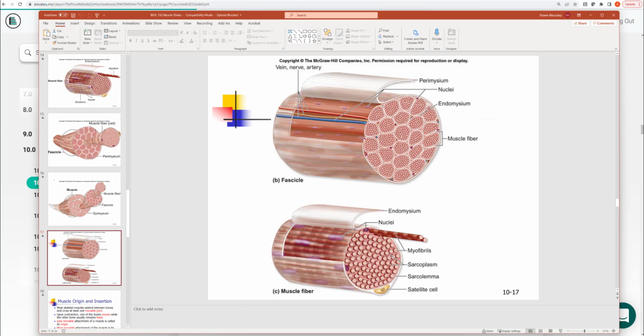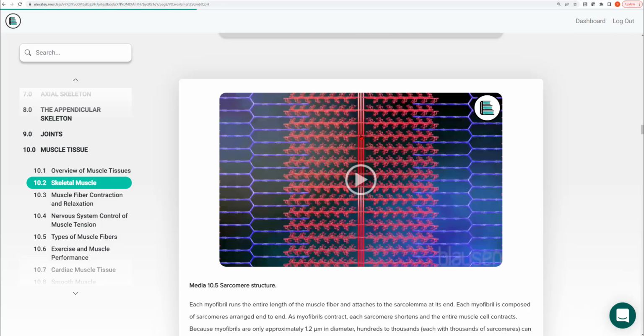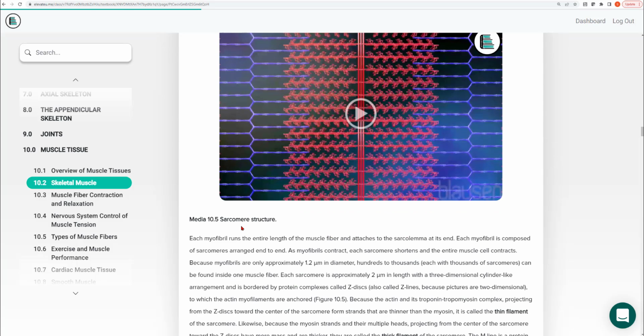Okay, so let's hop on back to Lawson, and let's look at this sarcomere story and what we're looking at here. This is going to take a little bit of imagination to figure out what we're looking at here. But again, a sarcomere is the functional unit within the muscle cell. In fact, let's figure out where a sarcomere is.